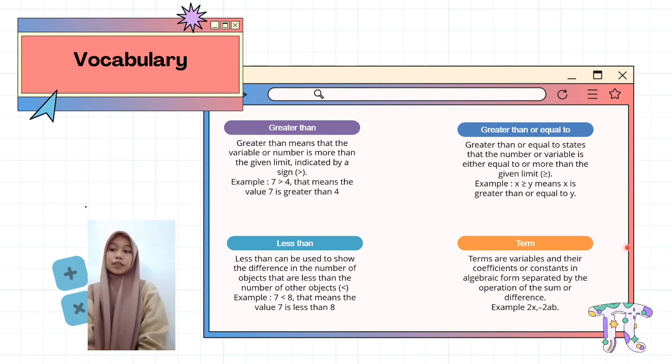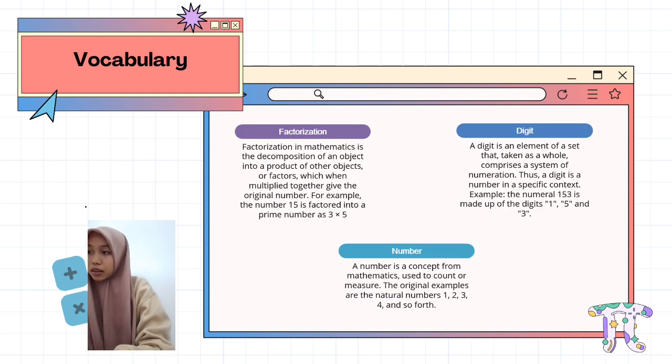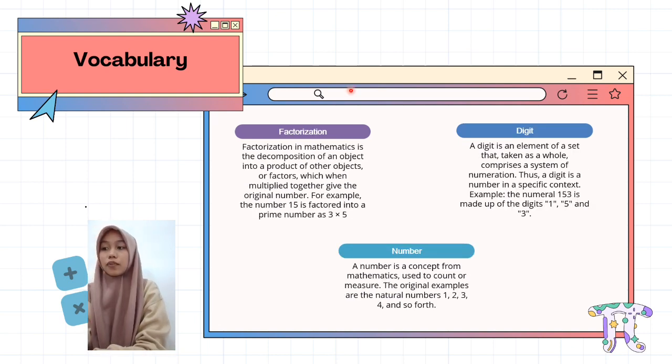Next we have terms. In Indonesian we say suku. Terms are variables with their coefficient or constant in an algebraic form, separated by the operation of sum or difference. Example, 2x, negative 2, negative 2ab, etc. Next we have factorization.